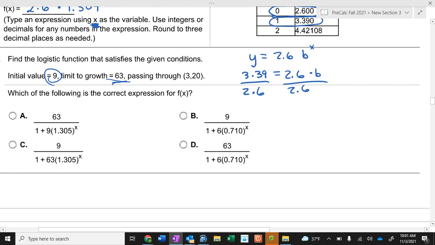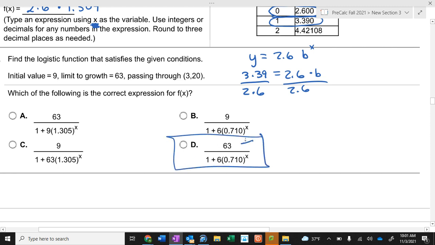Our initial value is what you get when we put in 0. So that makes this 1 plus, our initial value is when we put in 0. So it's 63 divided by 7, which gives us 9. This one is 63 divided by 7, which is 9.